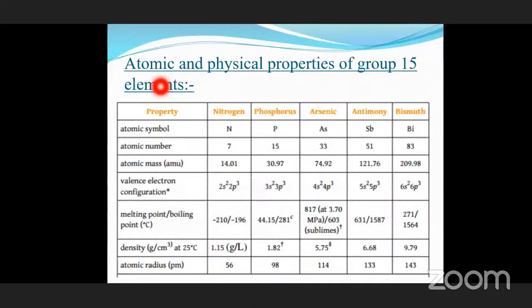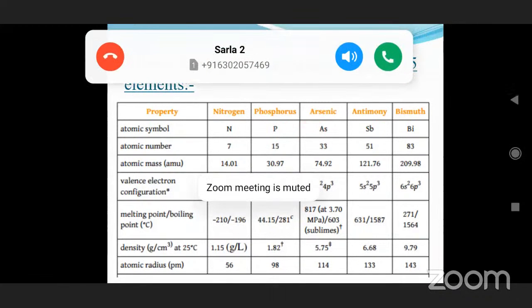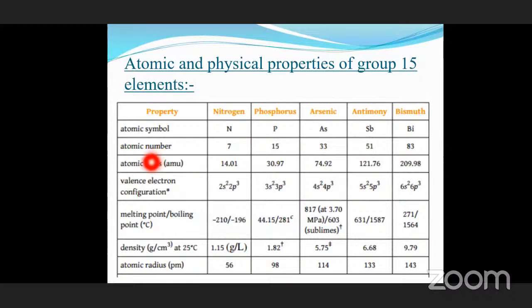Then the atomic and physical properties of group 15 elements. By using this table, we conclude all these properties. Here the atomic symbols are nitrogen, phosphorus, arsenic, antimony, bismuth. The atomic numbers you already know.